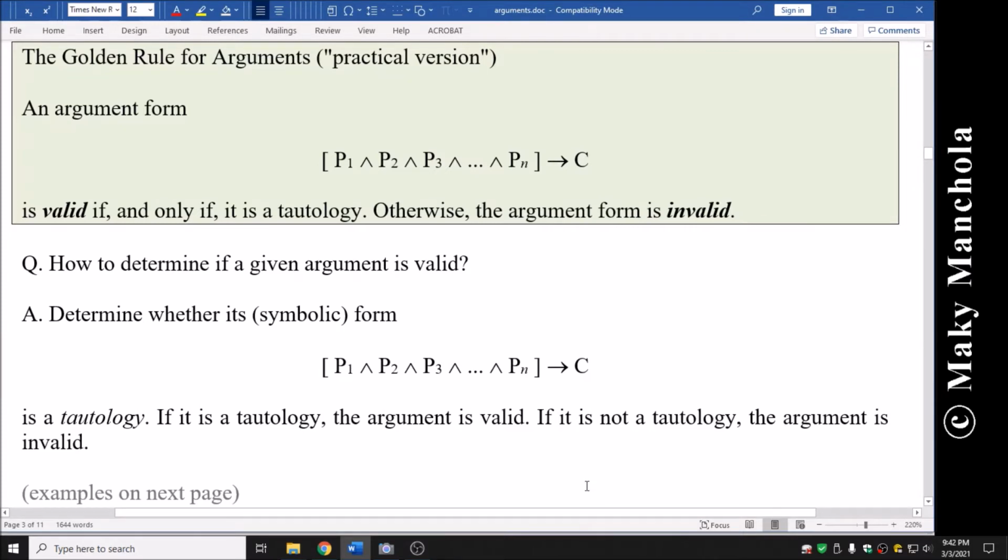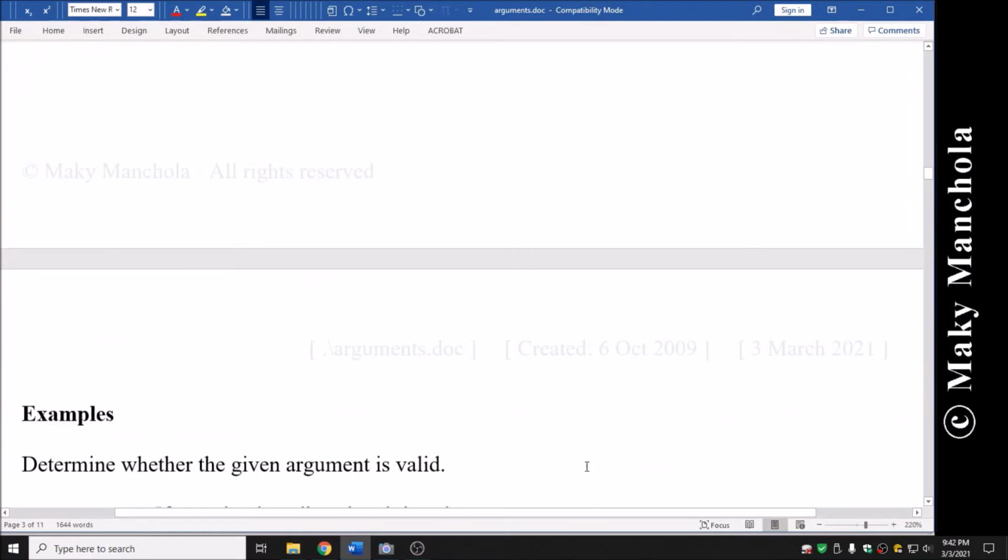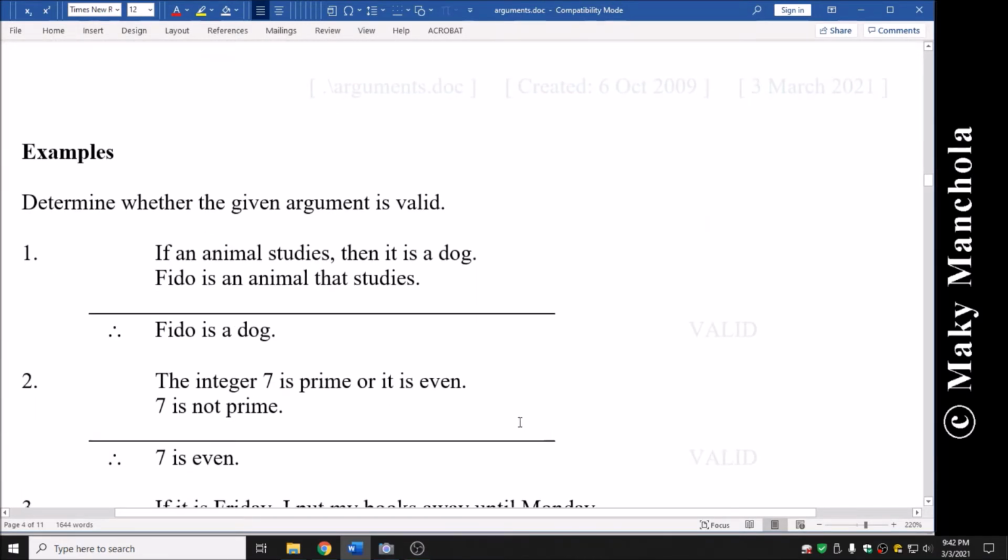Let's exemplify. Determine whether the given argument is valid. Number 1. If an animal studies, then it is a dog. Fido is an animal that studies. Therefore, Fido is a dog.